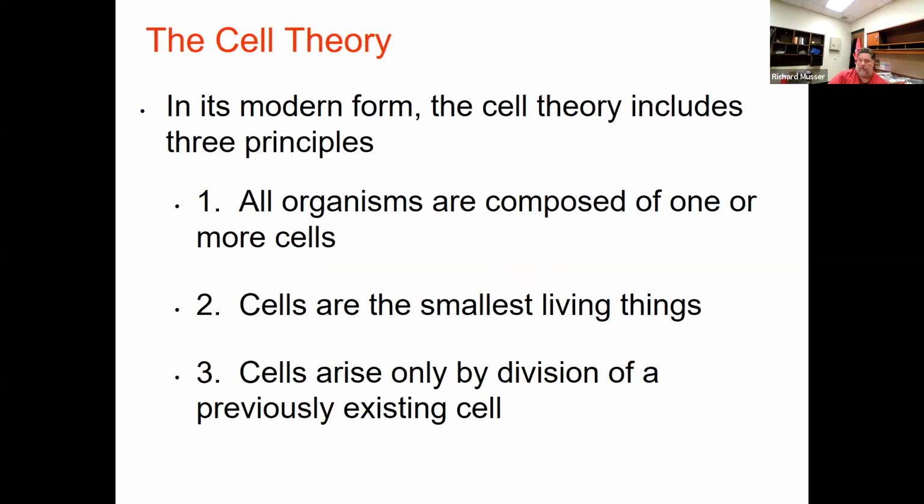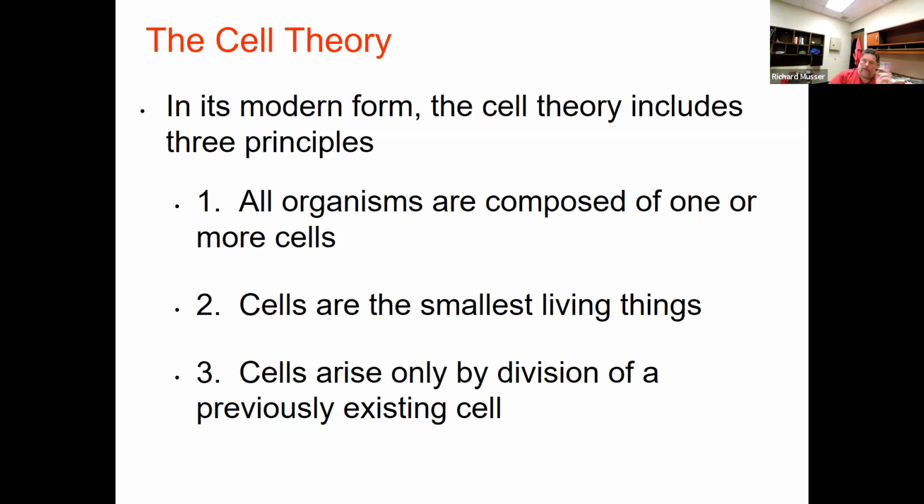I'm going to leave it here and you can look at the other presentation, but basically cell theory is that all organisms are composed of one or more cells. Cells are the smallest living things, and cells arise only by the division of previously existing cells. Keep in mind, that's after cells formed.